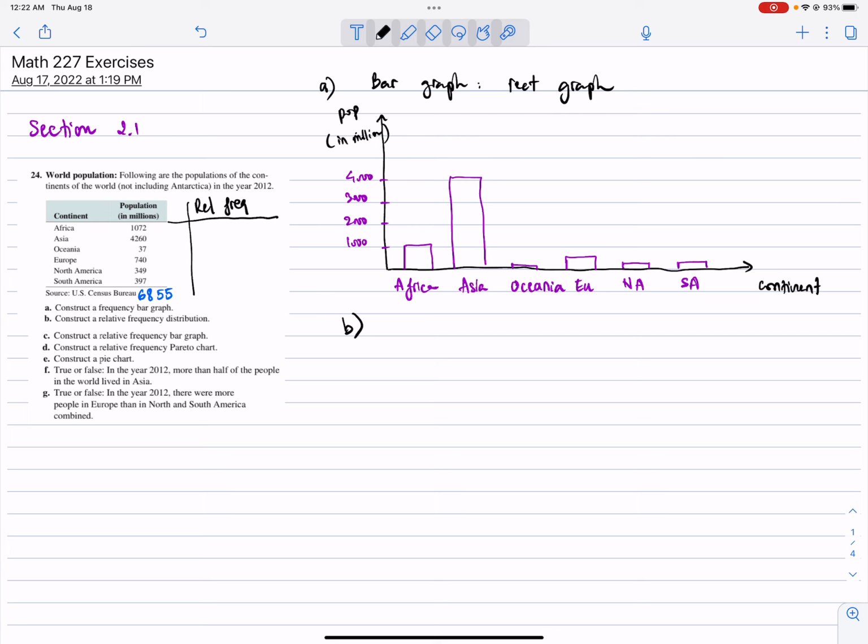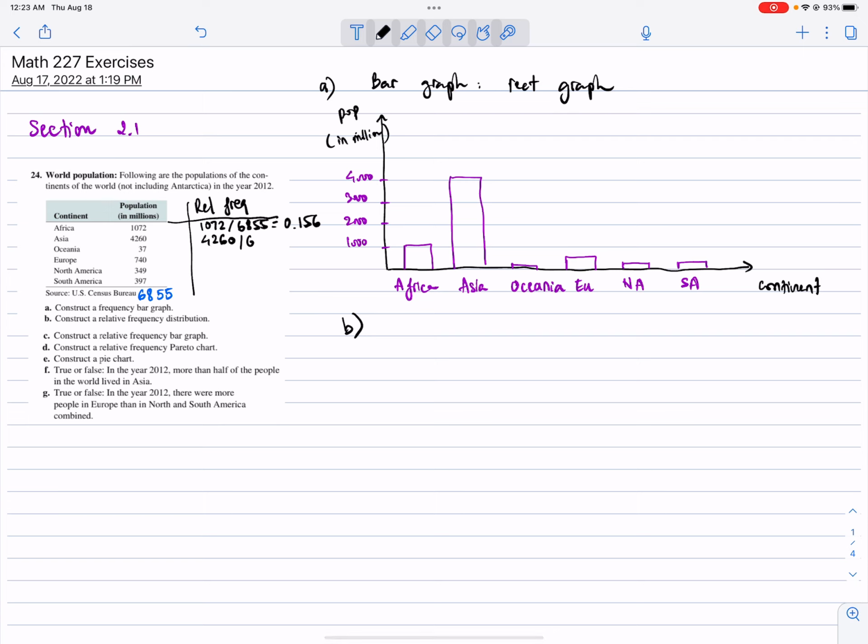What we do is we take 1,072 for Africa, the total number of Africa, divided by the whole number, 6,855. Then we will get 0.156.